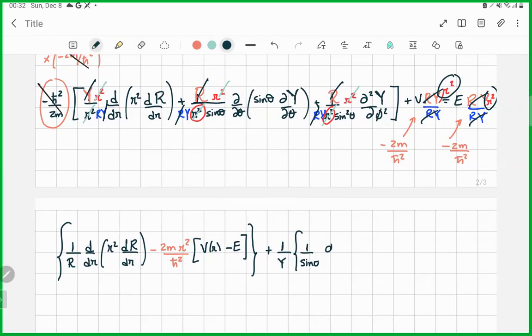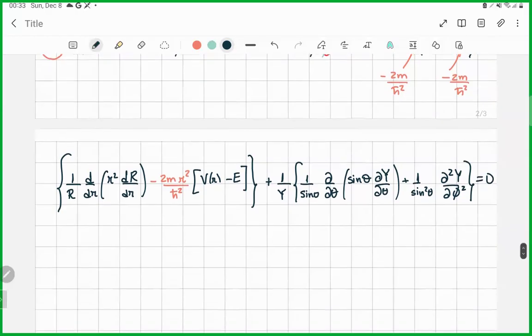We have the derivatives in theta. Right? And now the part that will involve the derivative in phi. Very good. Okay, all this equal to 0.